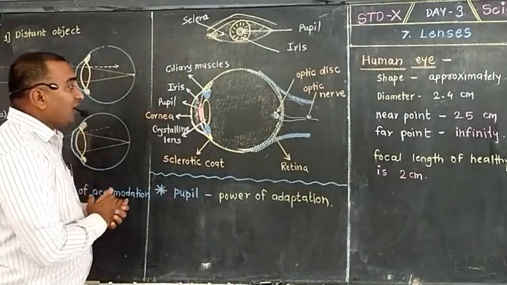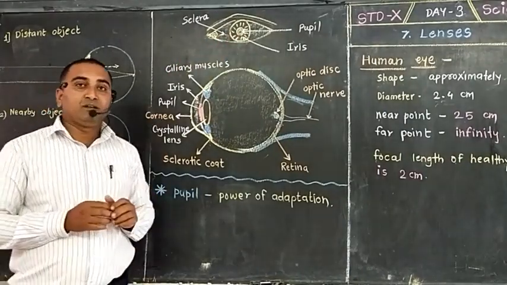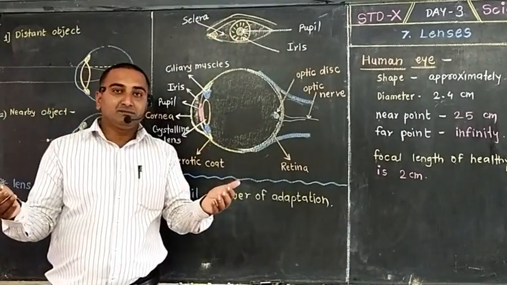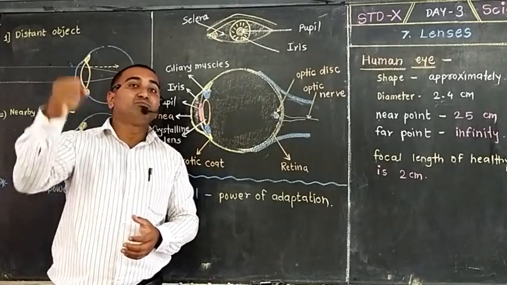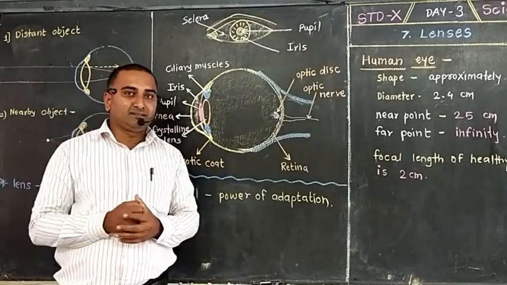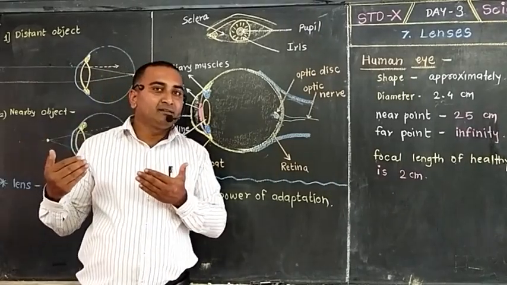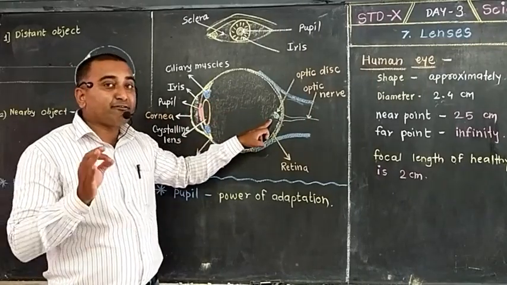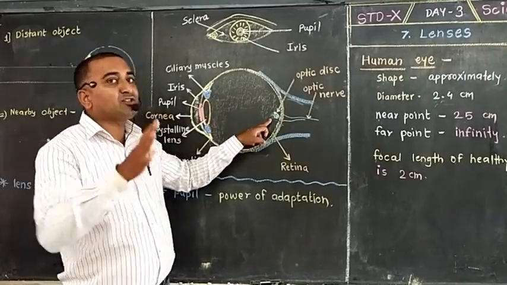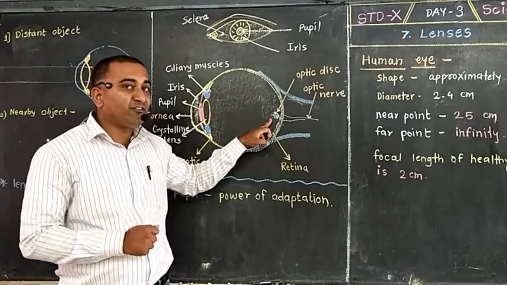See, now how it will work. What about the pupil? When the surrounding light is more intense, all that light entering the human eye will fall on the optic disc and definitely damage it, and so we can lose our vision.